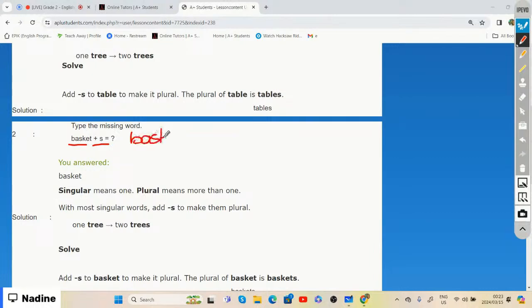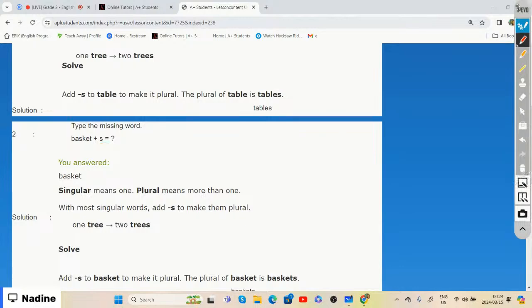Because I have one basket, plus s means that I have more than one basket, so it's baskets. Baskets refers to it being more than one.